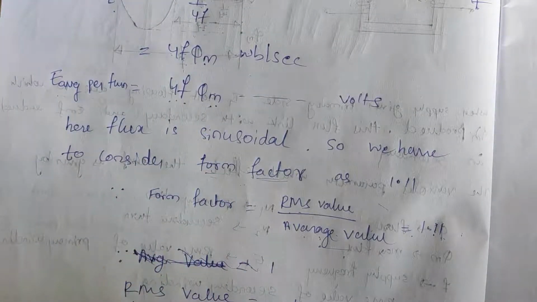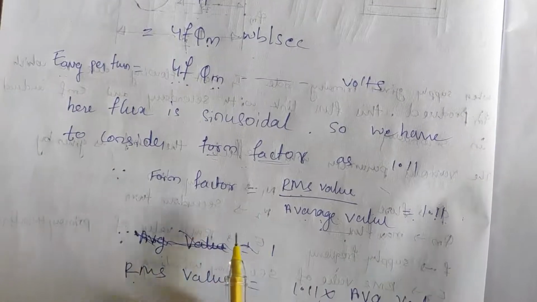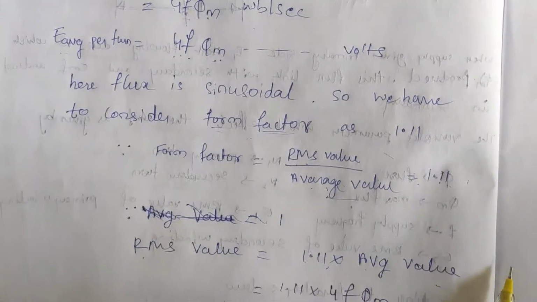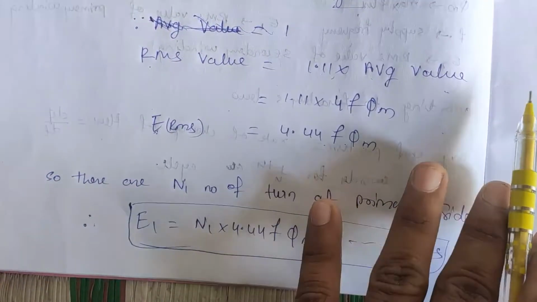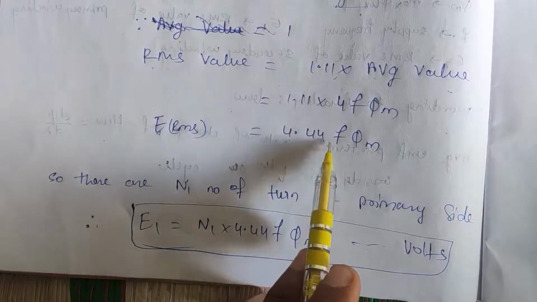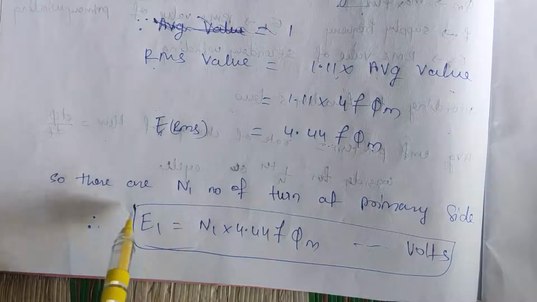But we need the RMS value, and we already know the average value, which is 4 frequency flux. Simply we have to interchange the parameters: shift the average value to this side, so it becomes 1.11 into average value, and we put the average value as 4 f flux m.